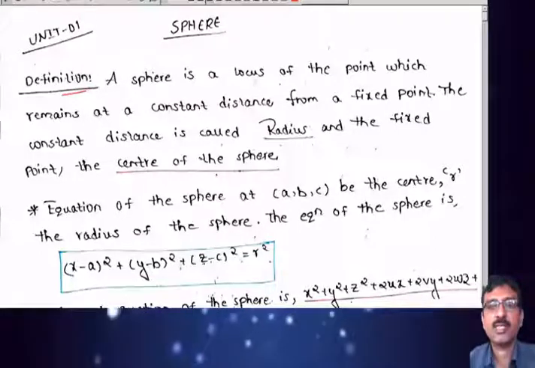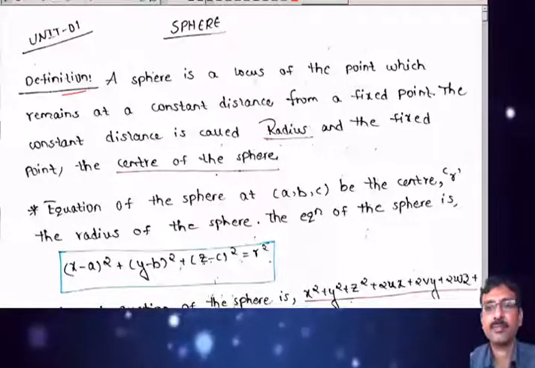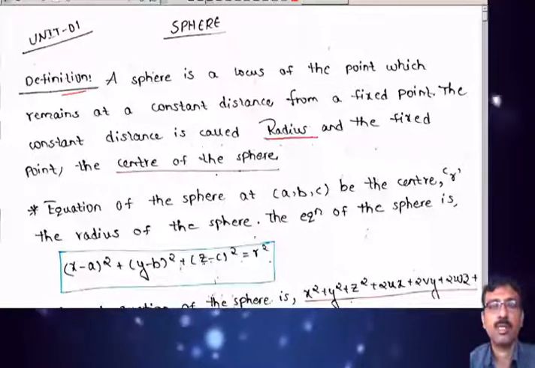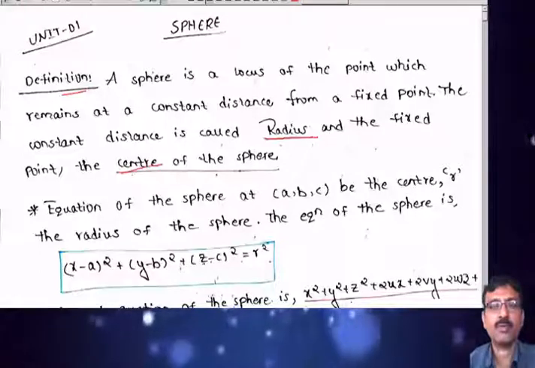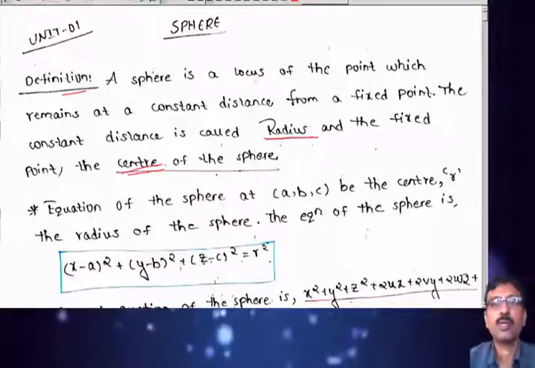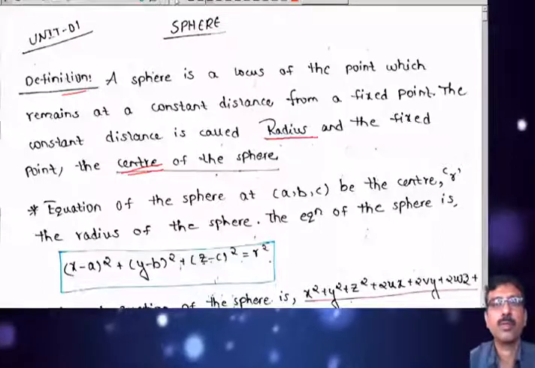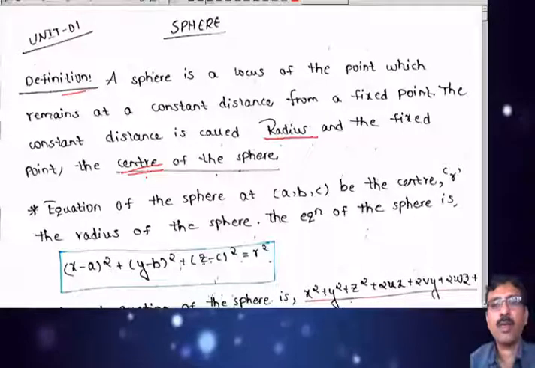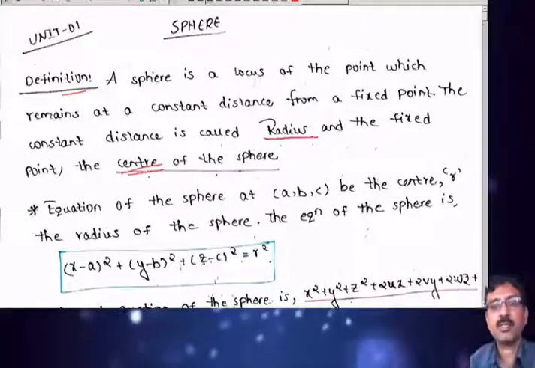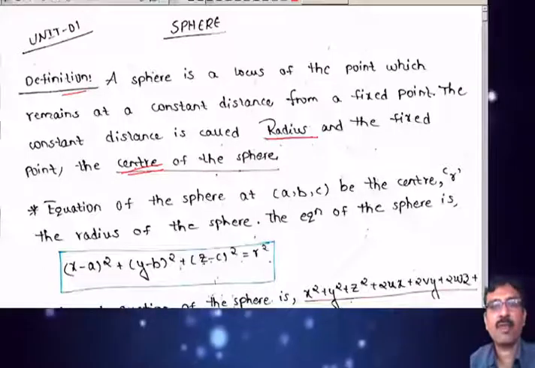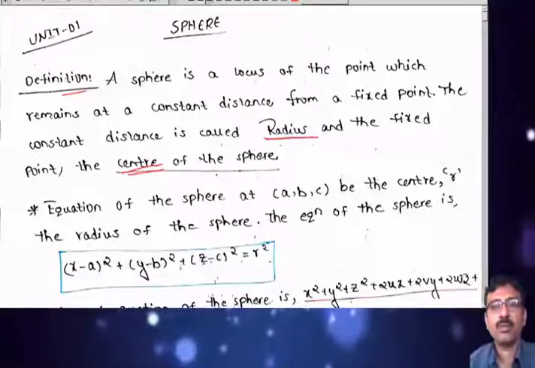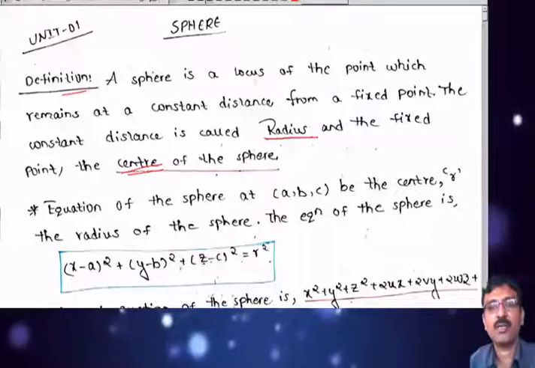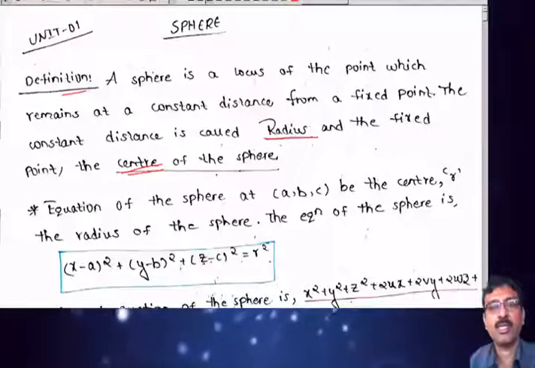The constant distance is called radius and the fixed point is called center of the sphere. Sphere is nothing but the locus of points which are at a constant distance, or equidistant, from a fixed point.